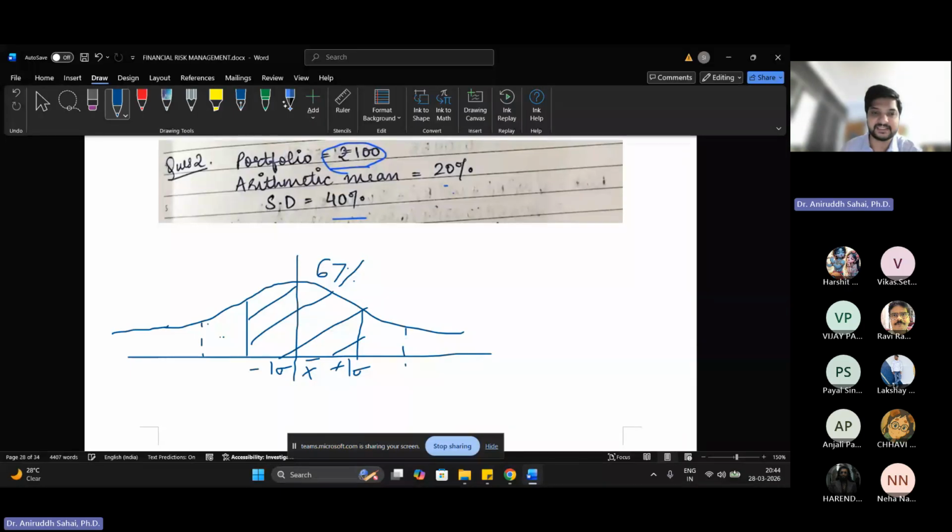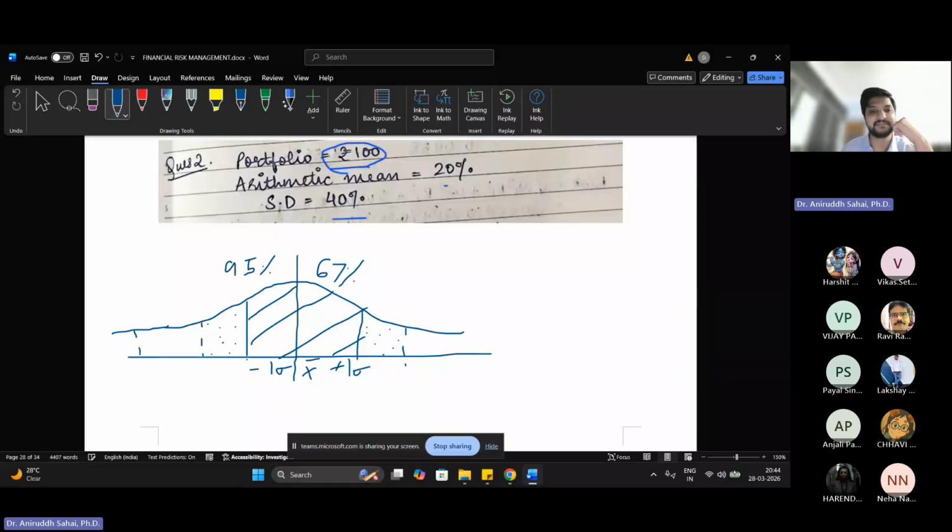This area is, let's say, +-2 standard deviations. Can you tell me what is the percentage of observations that are lying within +-2 standard deviation from the mean? This area is 95%. 95% of observations will lie between +-2 standard deviations.